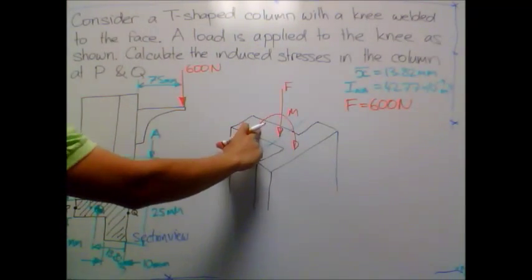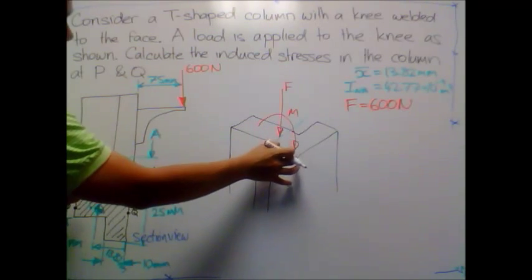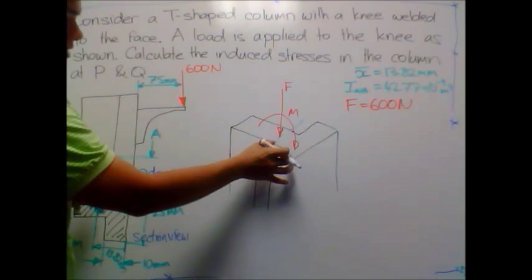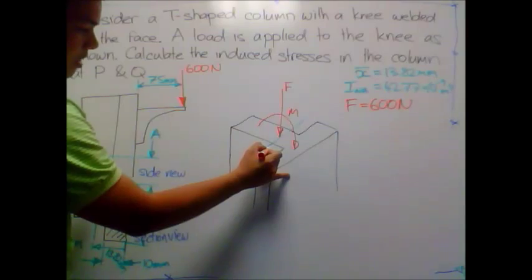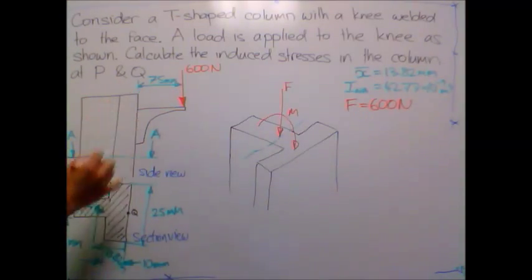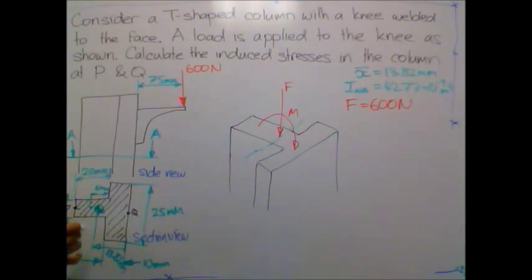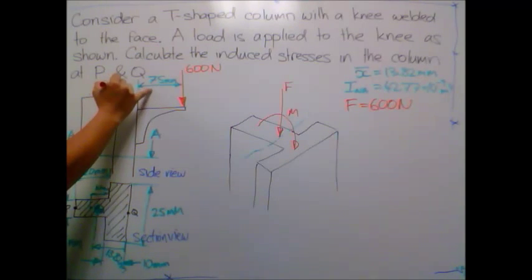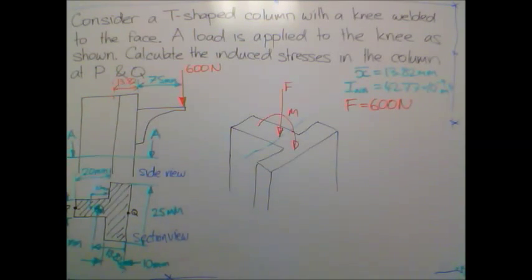My value of M is determined from the force times the distance. The distance that I use is the distance from the neutral axis. So that distance there to the neutral axis was 13.82 millimeters.